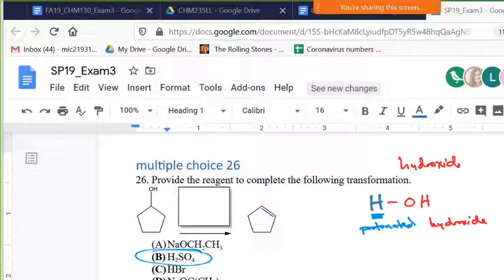If we wanted to deprotonate hydroxide, we would then have to remove that hydrogen. What would it look like if I got rid of that hydrogen? Well, now I would just have hydroxide. Does that make sense?